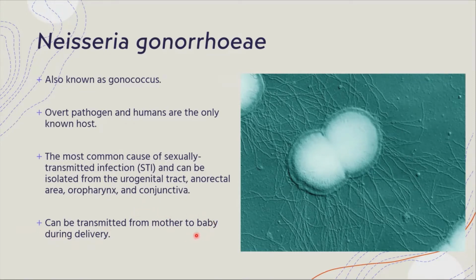Please take note that although this applies in the US, they consider gonococcal diseases or gonococcal infections in children more than 1 year old as an indication of sexual assault. Okay? Kasi imposibleng magkaroon pa ng gonococcal infection yung bata more than 1 year old na galing sa nanay. Okay? As a result of vertical transmission.